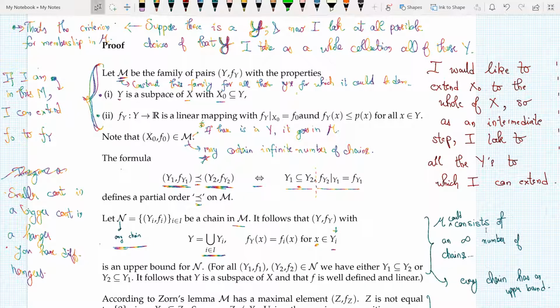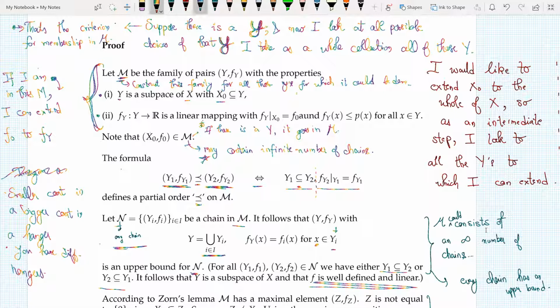And we know that this partial ordering has an upper bound, that is, for all Y i's, f i's we either have this condition or this condition, and it follows that Y is a subspace of X and f is well defined and linear. So a quick recap, what did we do till now?